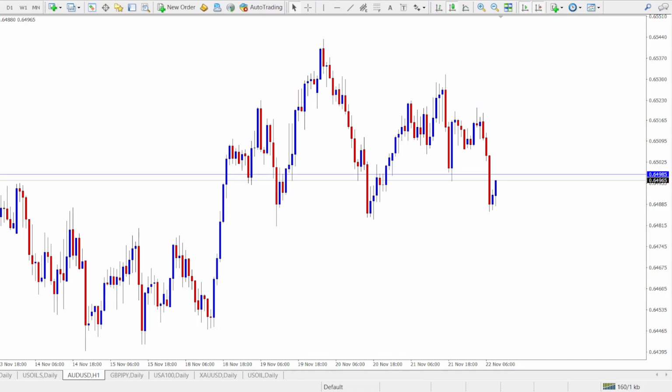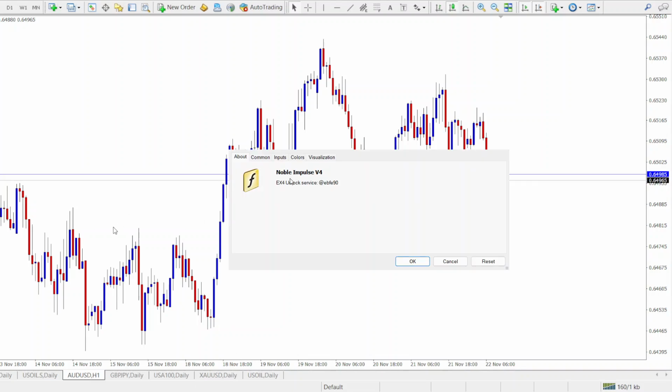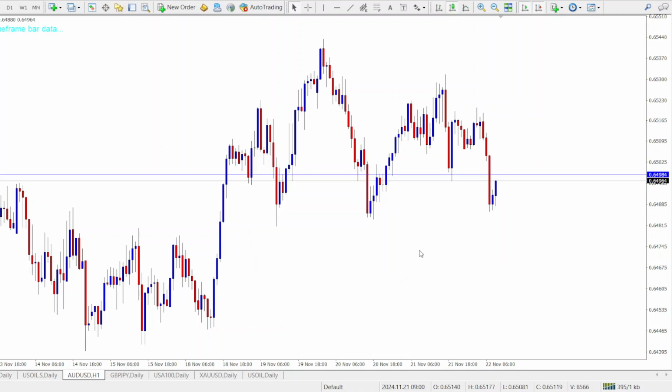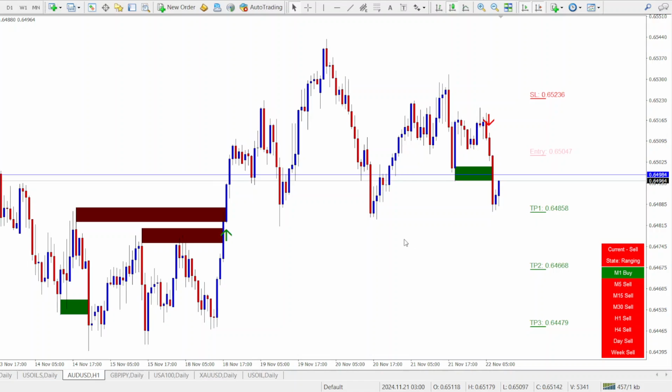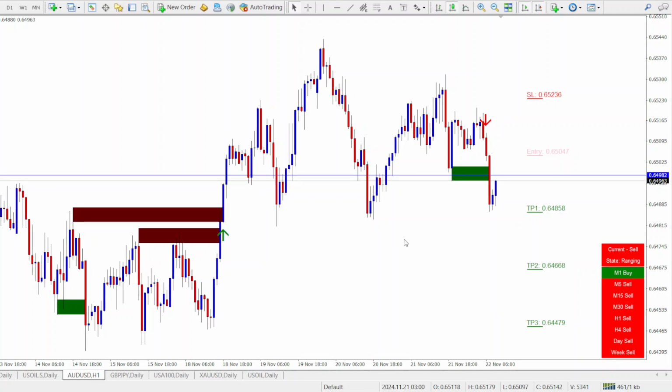The Noble Impulse indicator is a custom indicator, meaning that you will have to download it from an external source, from a reputable source online.